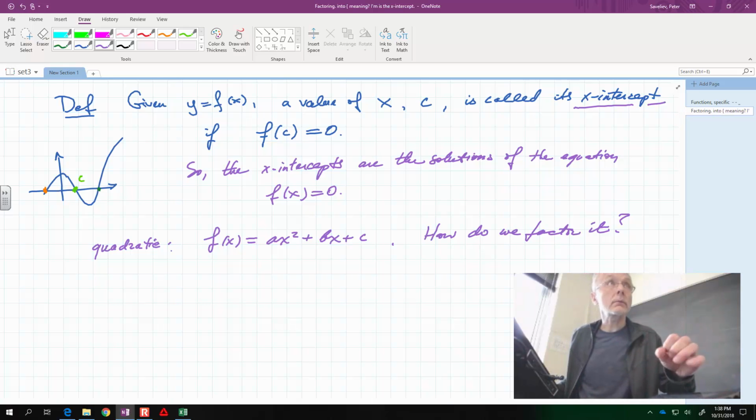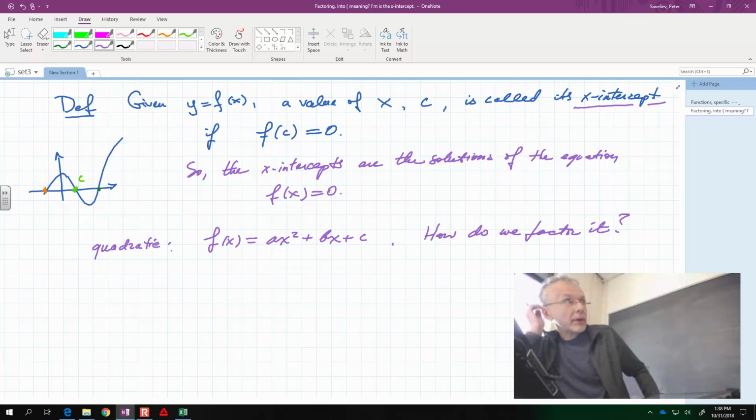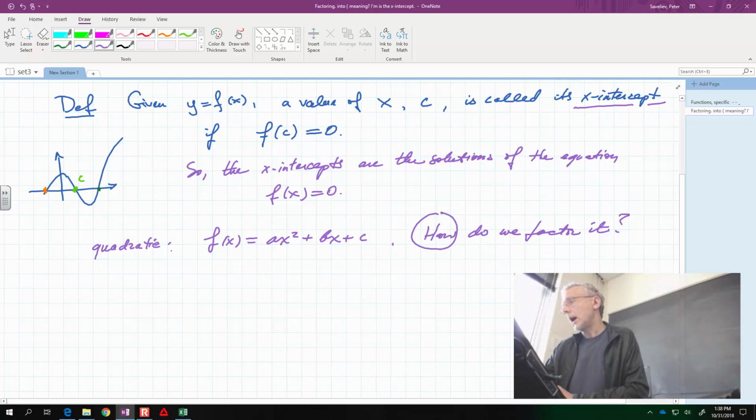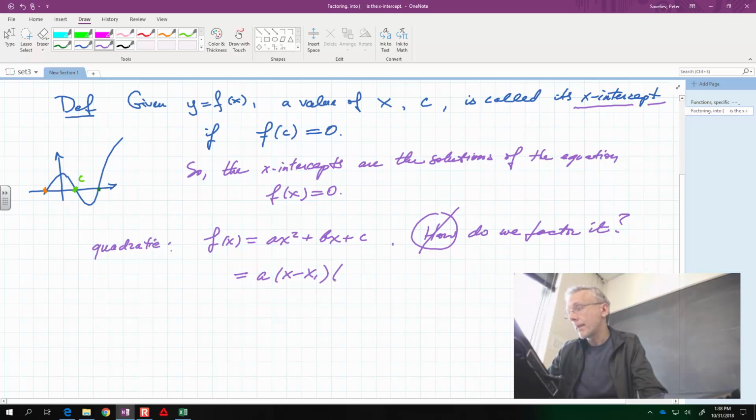Any recollections? Grouping. What? Grouping. Yeah. Well, you're thinking right. Maybe I didn't ask the right question. I'm not even really asking about how. What does it mean to factor it? Let me write out what I mean here. This is what a factored form looks like.